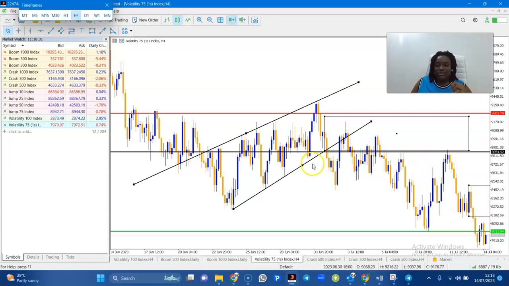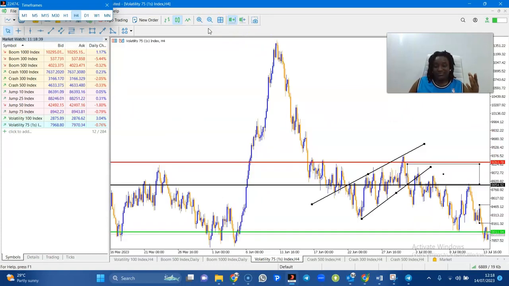Right. So I took my entry here. My take profit was based on a 1 to 2 risk to reward. But ideally, if you look at this market with the knowledge you have about chart patterns, and this particular flag being an example, right? If I bring out my arrow tool and I measure this, this is supposed to be the distance of the take profits.